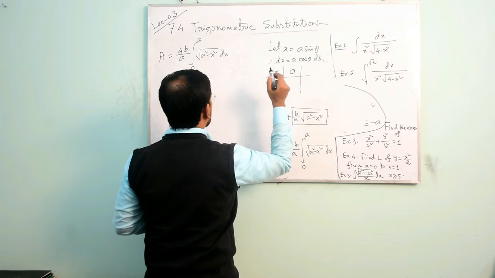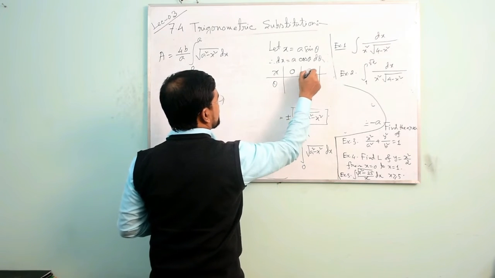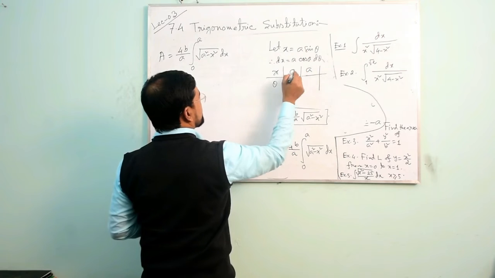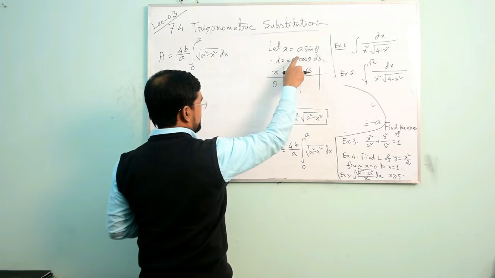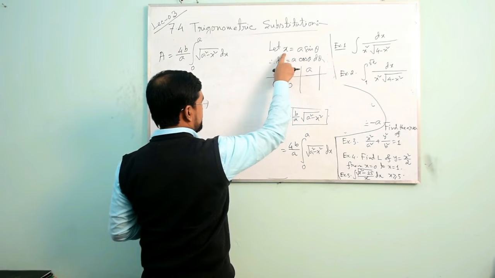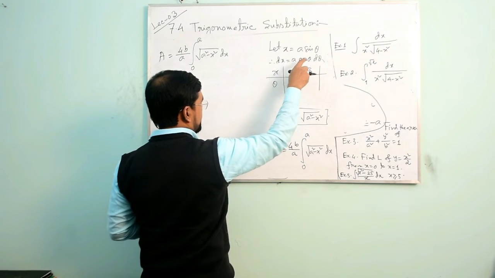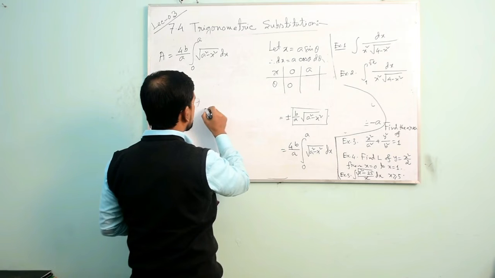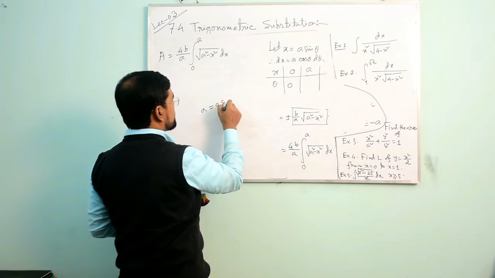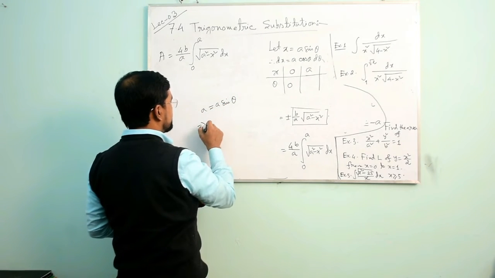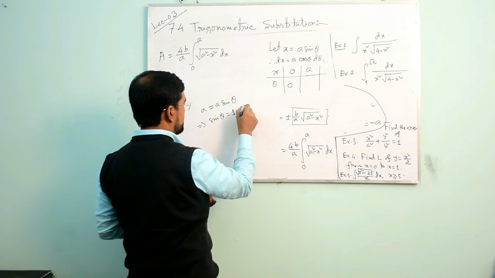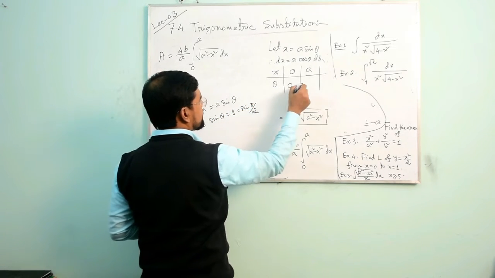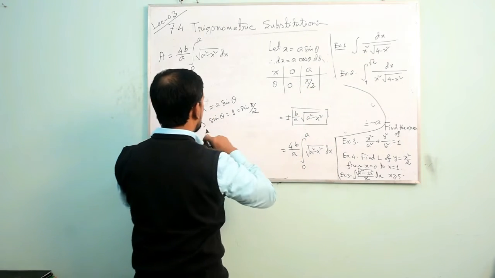When x equals 0, theta equal 0, because sin theta equals 0, and when x equal a, a equal a sin theta, therefore sin theta equal 1, which is equal sin pi by 2, so theta equals pi by 2.